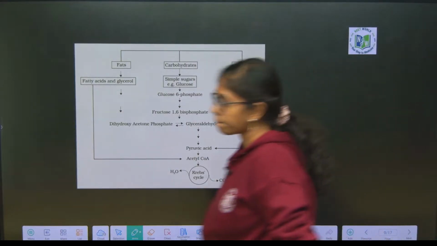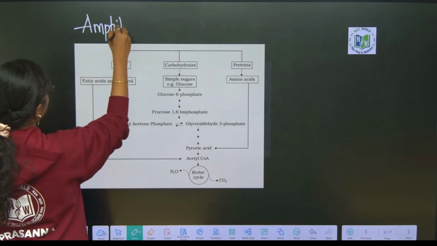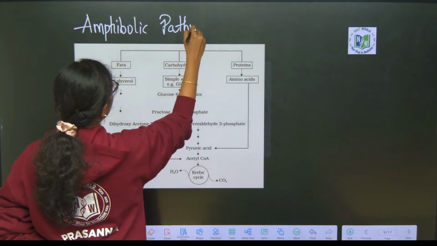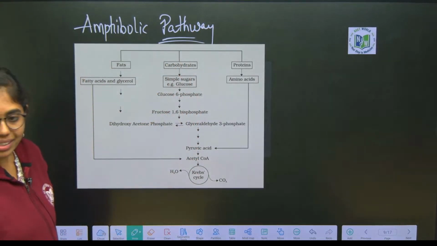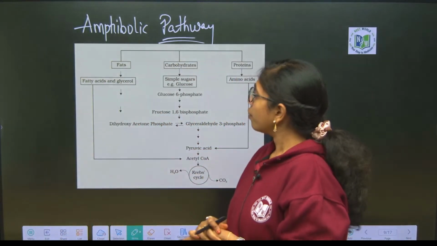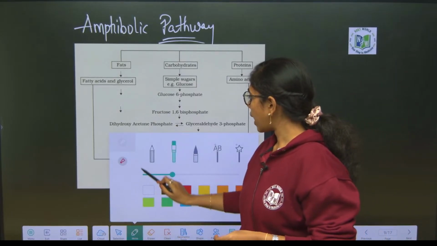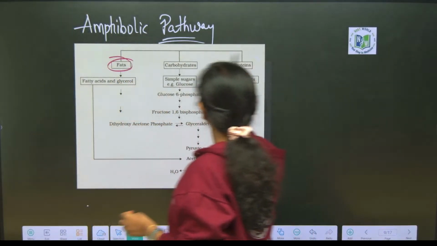Amphibolic pathway. What is amphibolic pathway? So, you know, of course, glucose or carbohydrates is the most favored substrate for respiration. But then we also have other respiratory substrates like what? Fats and proteins. Fine.